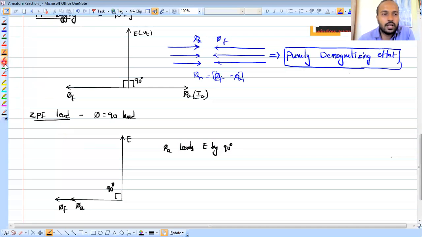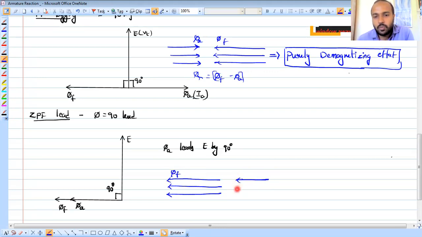So now what will be the direction of magnetic fields here? Here both our main magnetic field and our armature magnetic field are moving in the same direction. Then the resultant magnetic field will increase. The resultant will be this one, right?